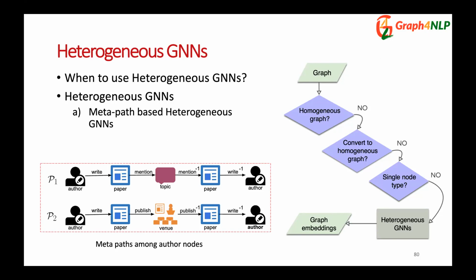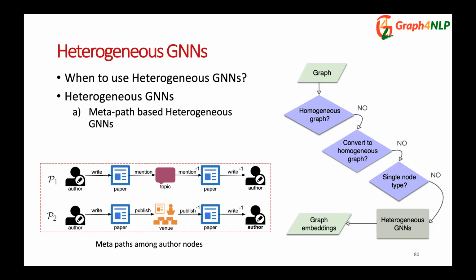For example, we have an author who writes a paper, and the paper mentions a topic, and that topic is mentioned by another paper, which is written by another author. Following this logic, we can construct a metapath, which is author, paper, topic, paper, author.